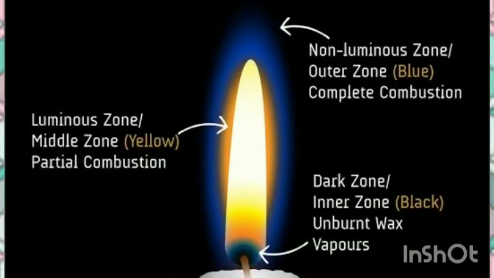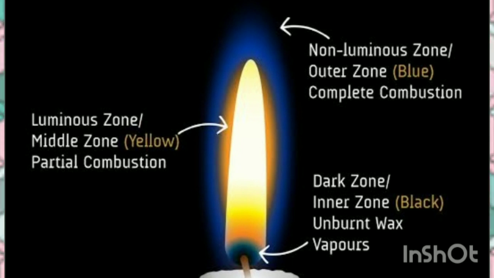Whenever hydrocarbons burn, they will give a blue or yellow flame. Now yellow flame is also called a luminous flame, and it emits a lot of light. A luminous flame is due to the insufficient supply of oxygen. We can say that yellow flame is accompanied by incomplete combustion.